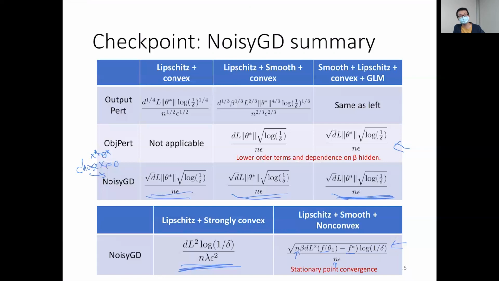But other than that, converting a problem of tuning many different parameters into just tuning one parameter, the learning rate, is interesting progress. If we ignore computation, noisy gradient descent is able to solve a much broader family of problems with optimal dependence on everything.